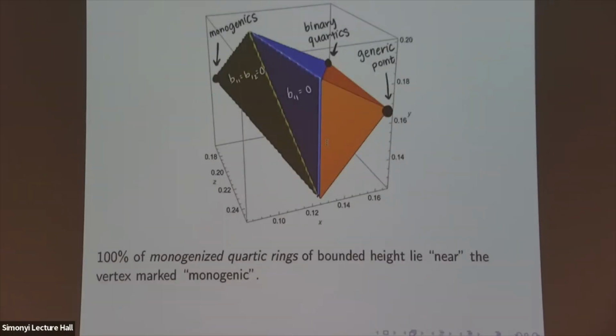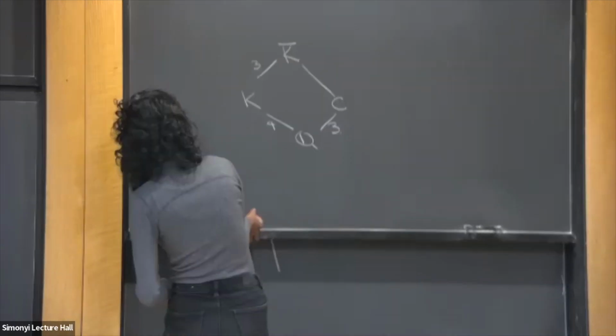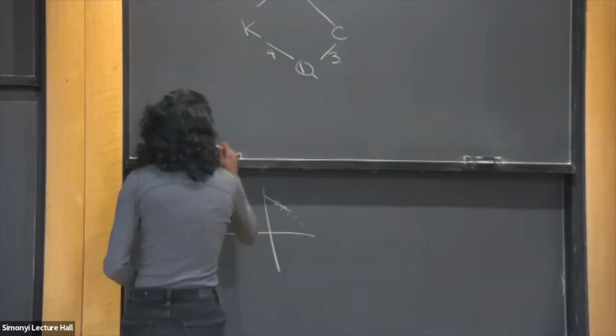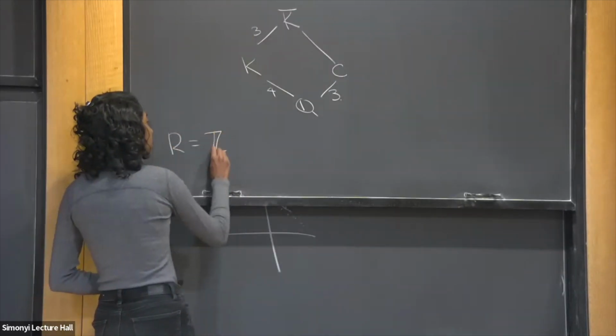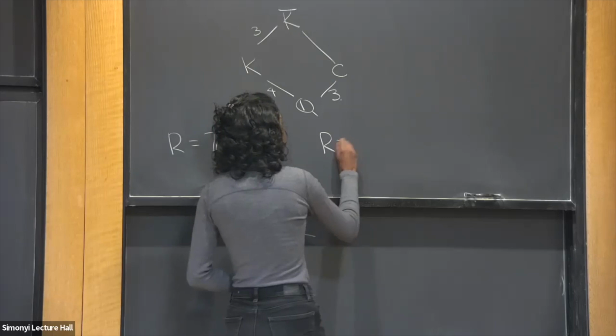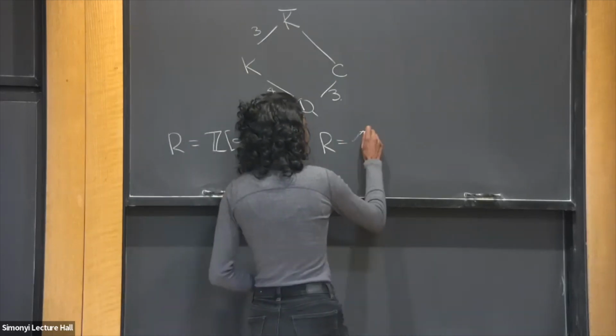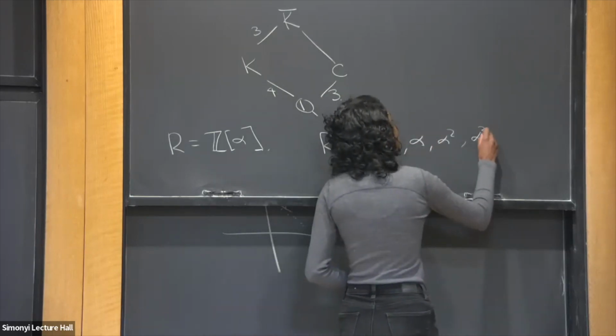This is the monogenic point. So if you look at monogenic quartic rings of bounded height, then all of them lie here. And the reason for that is as follows. If you take a monogenic quartic ring R, and the monogenizer is Z adjoin alpha, then because it's a monogenic quartic ring, we know that it has this basis as a Z module: 1, alpha, alpha squared, alpha cubed.